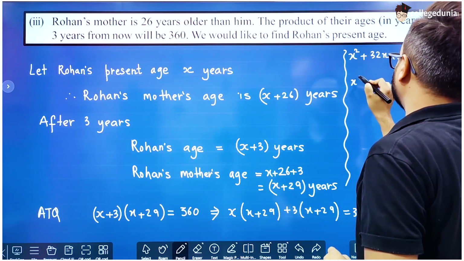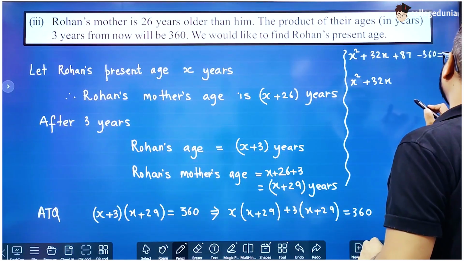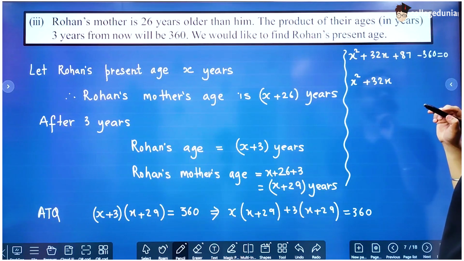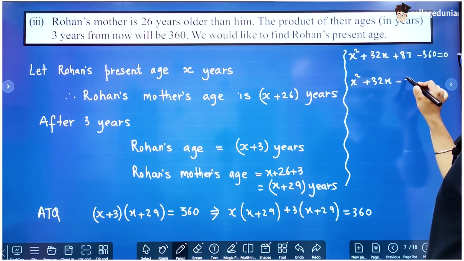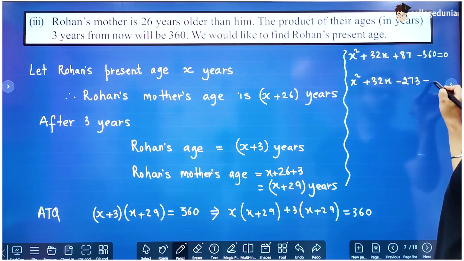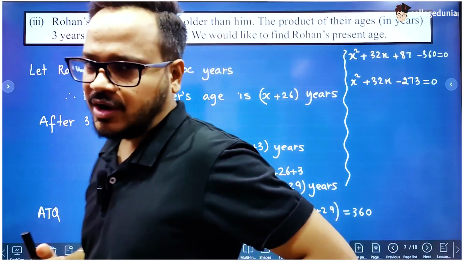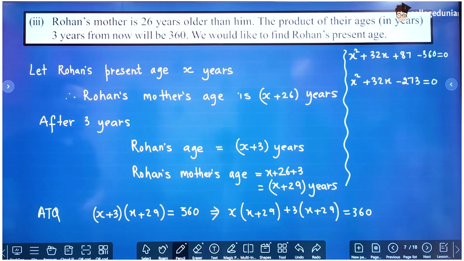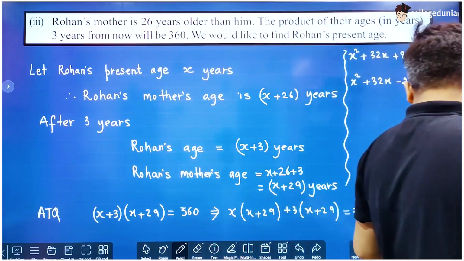So x square plus 32x, and 87 minus 360 is minus 273, so minus 273 equal to 0. So that is the quadratic equation, and by solving this quadratic equation you can get the value of x, that will be the present age of Rohan, and by the present age of Rohan you can find the present age of his mother.